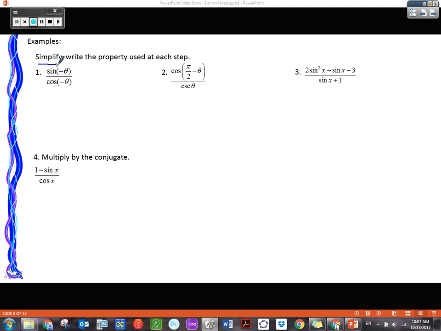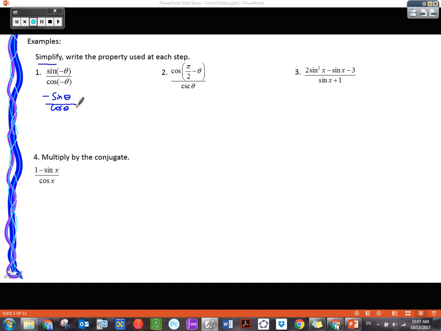So we look at that and we think, what kind of property did we just learn that looks like that? It would be the even-odd properties, right? So I'm going to rewrite this using the even-odd properties. So this is going to be negative sine of theta and then cosine of theta.